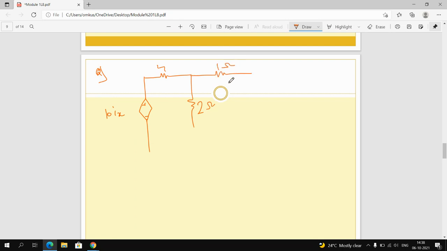Try to solve it. Find the equivalent resistance across these two terminals. Yes, solve it.